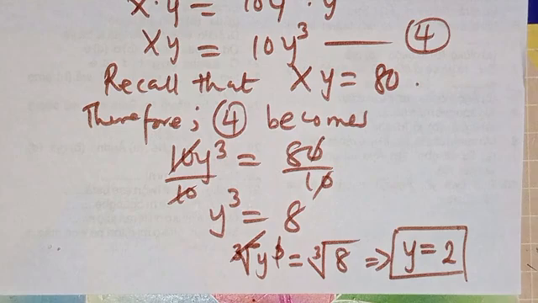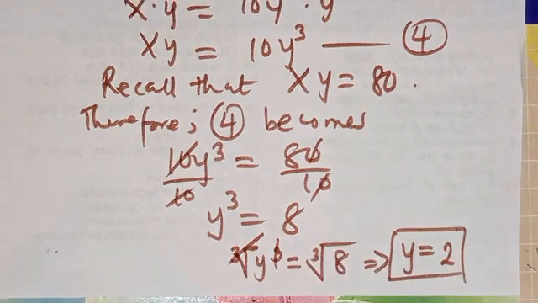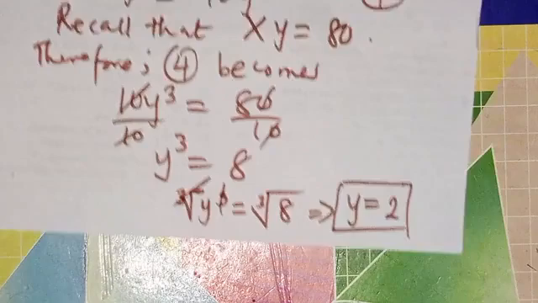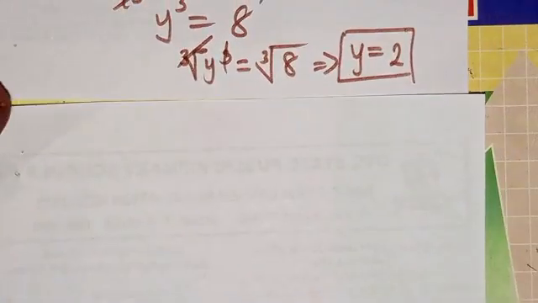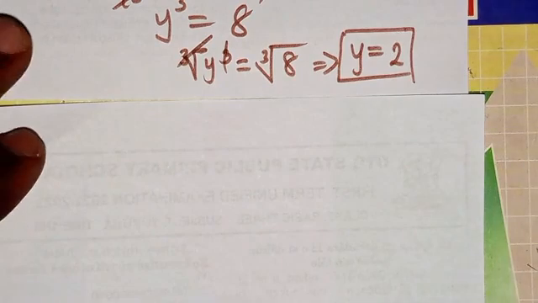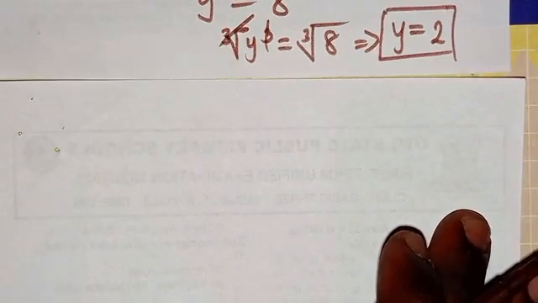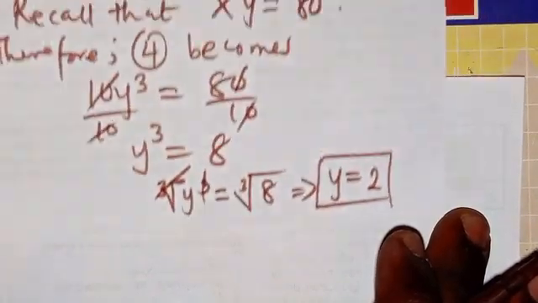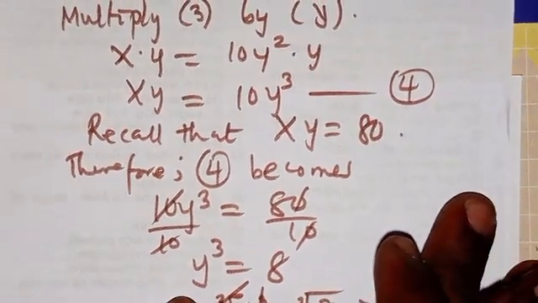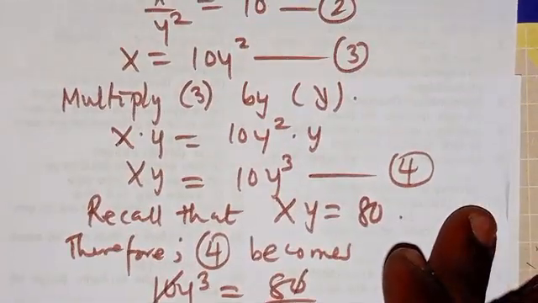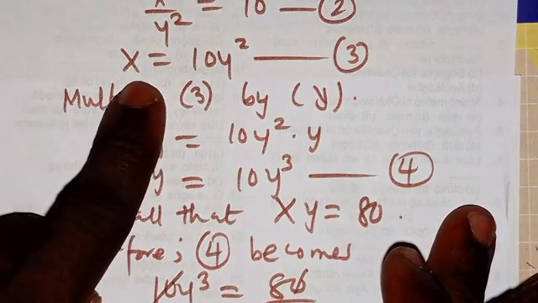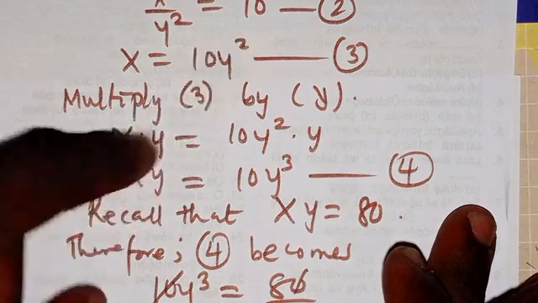Now if y equals 2, let's plug y equals 2 into one of the equations to get the second variable, which is x. I'm going to pick one of the equations I have. You can see equation 3 states that x equals 10y squared.